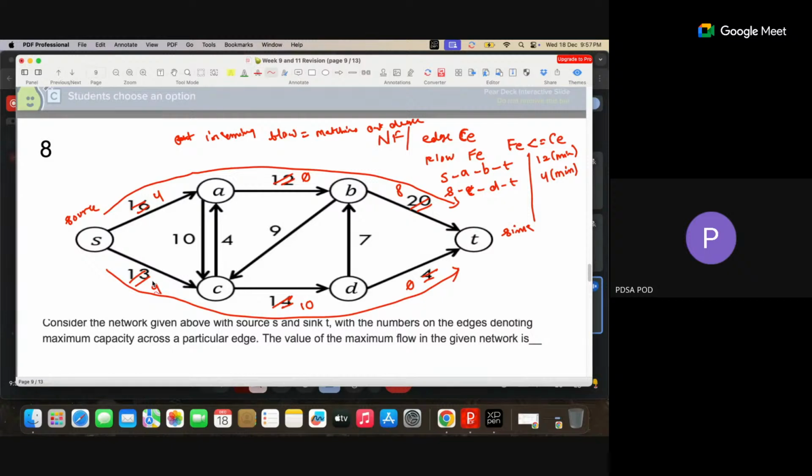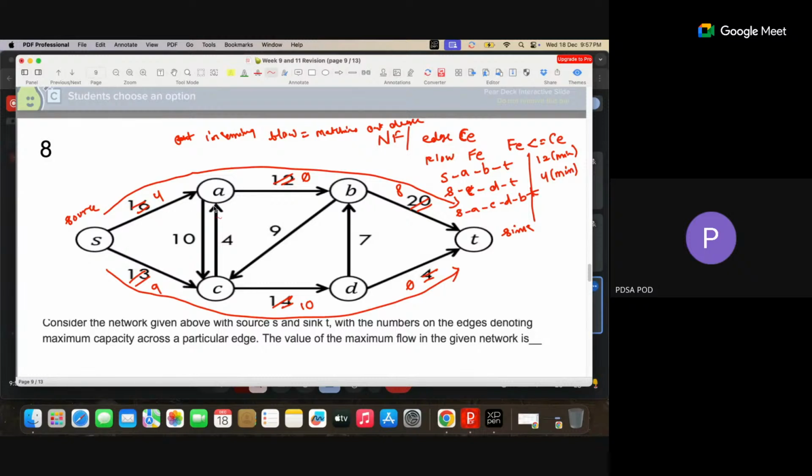Are there any other flows? S to A, C, D, then B, and B to T. Let me check it. S to A, it's a 4.